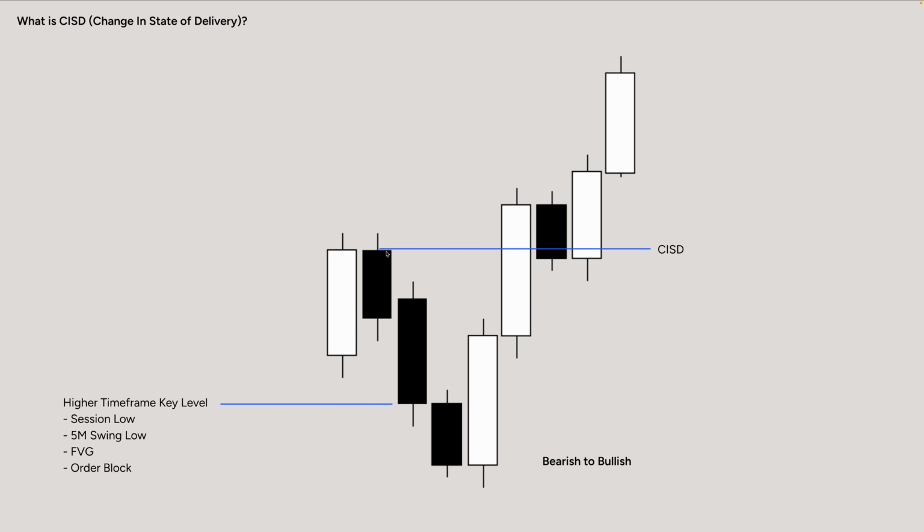So this is the first candle. This is your measurement candle. So again, you mark out the candle body open with a blue CISD line. In this case, you wait for this bullish candle to close with its body above the CISD line. That is a confirmed CISD.